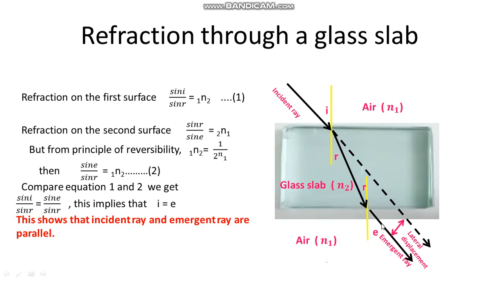So lateral displacement depends upon the angle of incidence also. Next, if I increase the refractive index of the glass slab, then the power of bending also increases. If the power of bending increases, then lateral displacement also increases. Next, the color or wavelength of light used here: if the wavelength of light changes, then definitely the refractive index changes. If the refractive index changes, lateral displacement also changes.